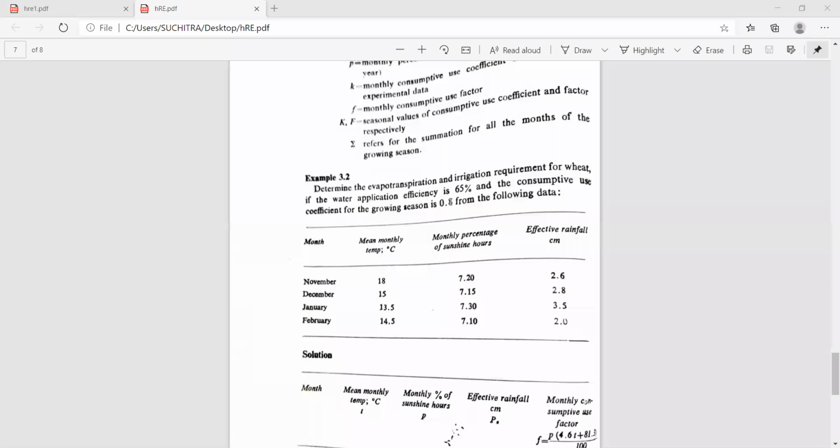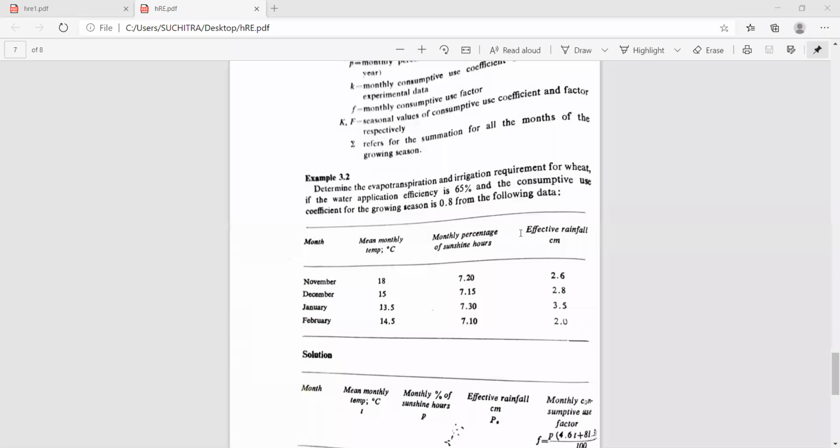Here the value of K is given. You have the following data. A particular crop, that is wheat, is grown from November to February. Wheat is a Rabi crop, and this is the mean monthly temperature during that growth period: 18, 15, 13.5 and 14.5.